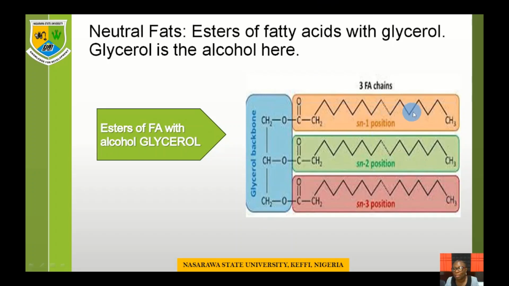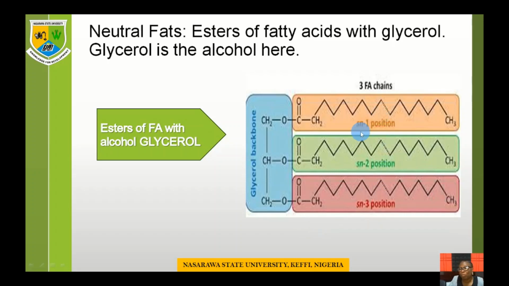And these fatty acids are esterified to the glycerol backbone. So we have 3 fatty acids esterified at position 1, position 2, and position 3. This compound that we have here is triacyl glycerol.